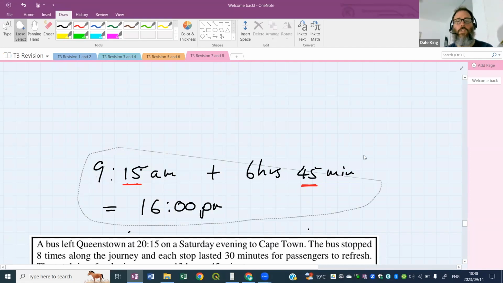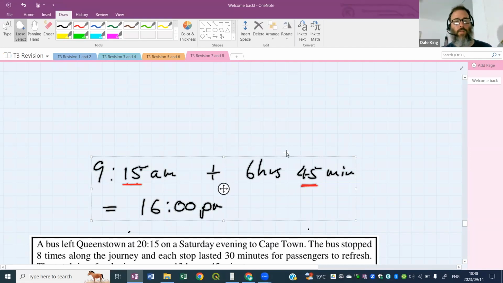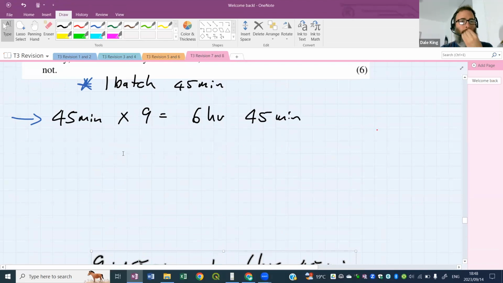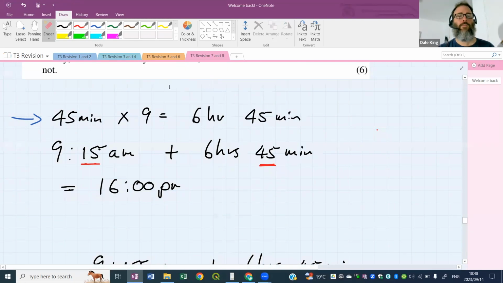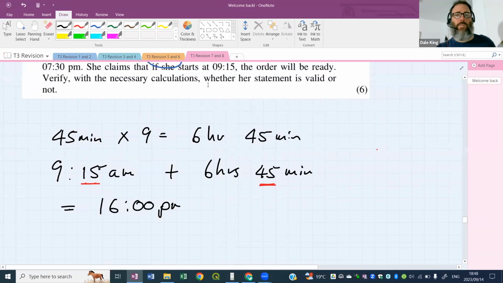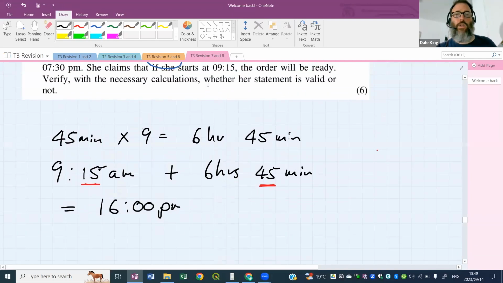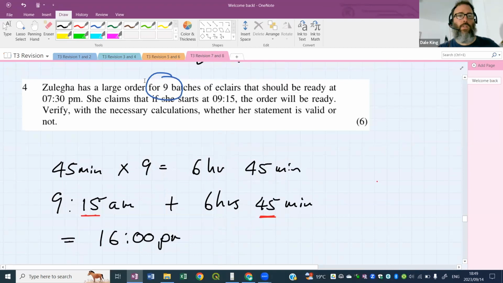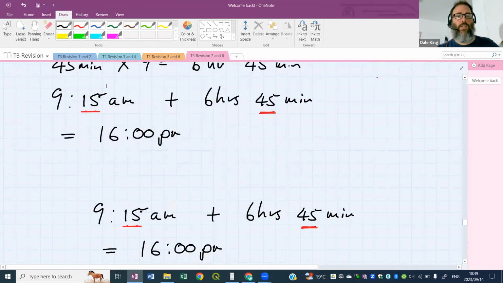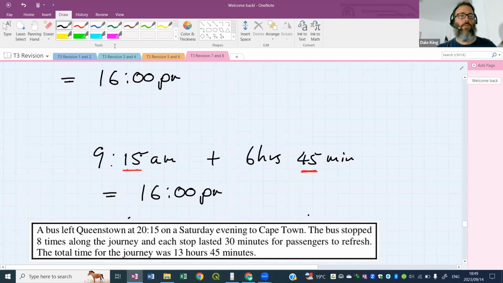So the question is, if I use the time button, can I not get my 6 marks for that? Well, we are missing one more step. It says verify whether her statement is valid or not, and the question said will she be ready by 7 p.m.? So let me just delete all this.